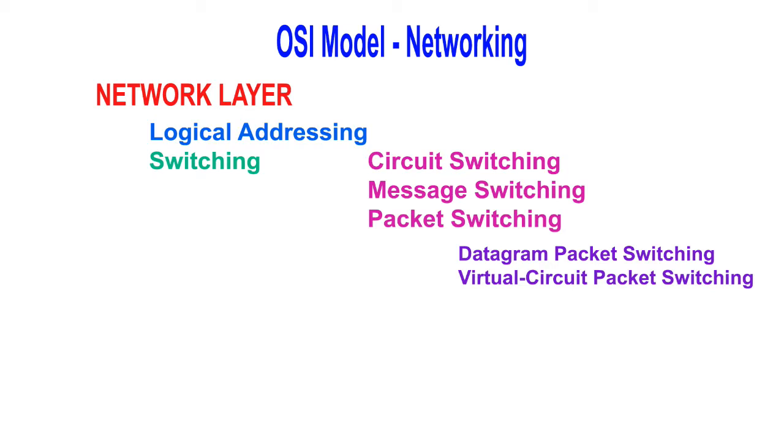Virtual circuit packet switching. Virtual circuit packet switching relies on a logical connection between sender and receiver. The connection is formed when devices exchange messages at the outset of a conversation.